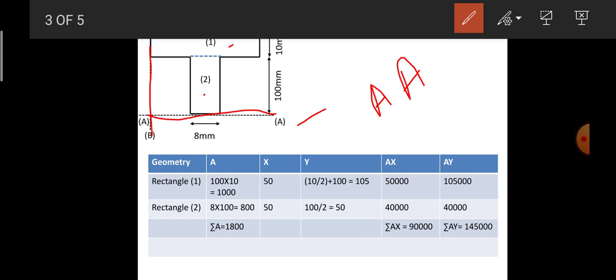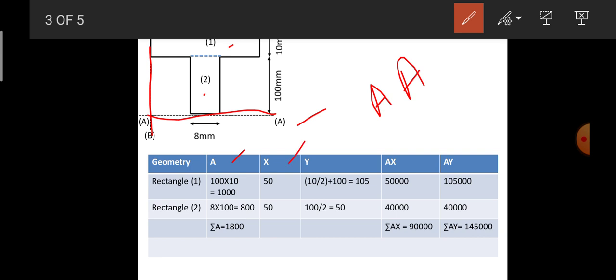Here, for easy determination of the centroid for the overall section, we have made a tabular column. First we are supposed to find out values for the individual rectangles, and after that finally we can determine them for the overall T section. So I have given a table here. A represents the area of the individual rectangular sections.